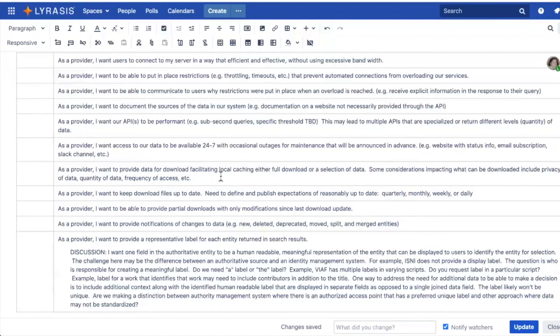Okay. So I'm thinking about changing some considerations impacting whether to download and what can be downloaded include privacy of the data, quantity of data, and frequency of access.